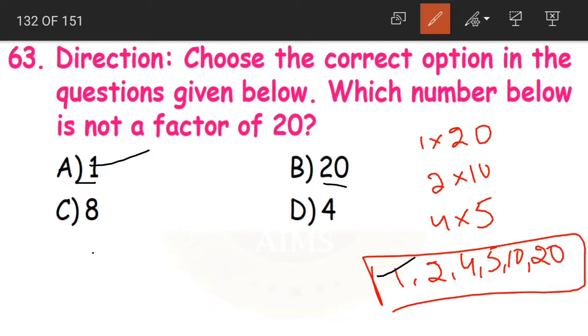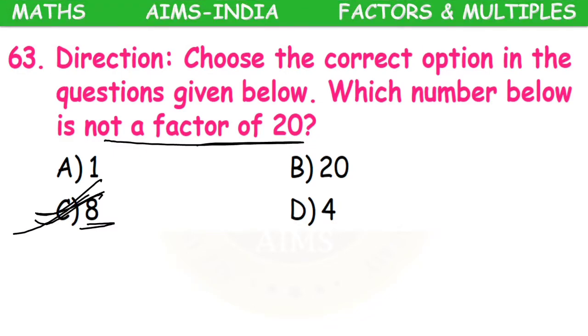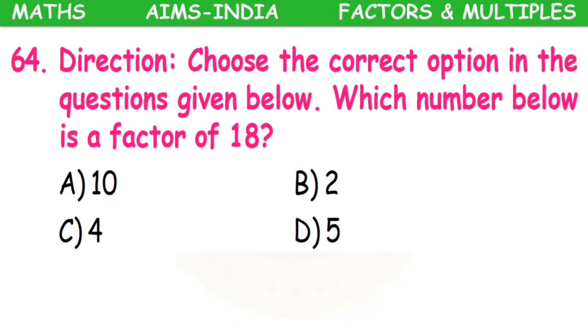We have 1, we have 20 and also we have 4. 8 is not a factor of 20. So 8 becomes our correct option, children. Okay. 8 is not a factor of 20. That means 8 does not divide 20 exactly.